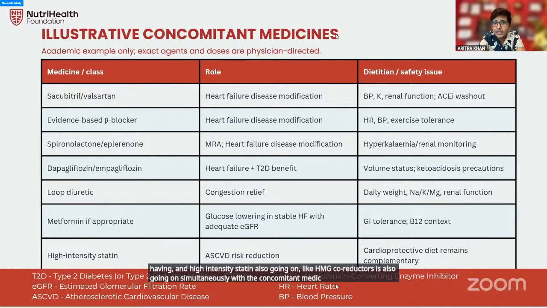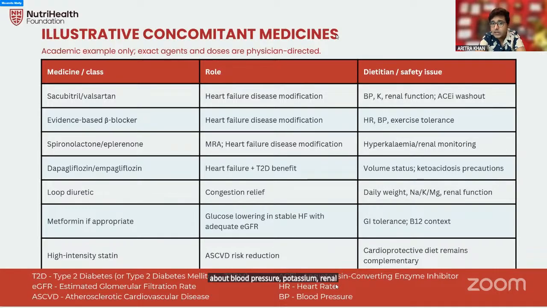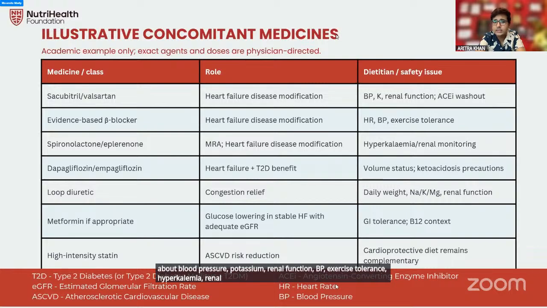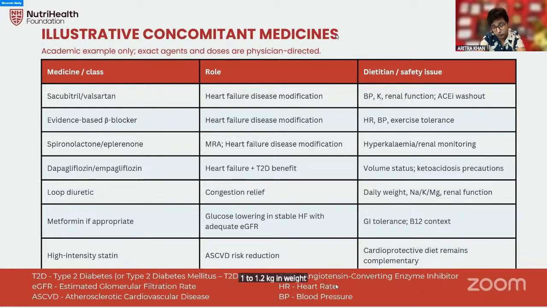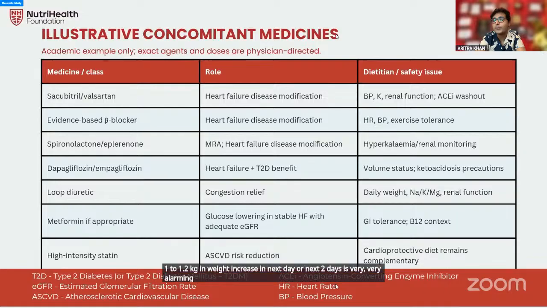So this is all about a dietitian's role: blood pressure, potassium, renal function, exercise tolerance, hyperkalemia, renal monitoring, volume status, ketoacidosis precautions, daily weight. Because in heart failure we have to check the body weight: a 1 to 1.2 kg weight increase in the next day or next 2 days is very alarming, and 2.5 to 3 kg in a week is also very alarming for ascitic fluid and also pedal edema, and that can go on to pleural effusion or pulmonary edema.